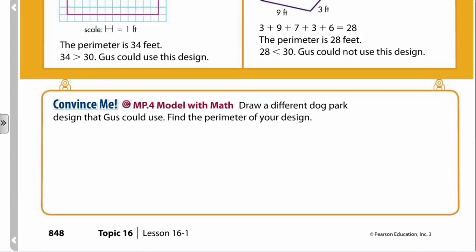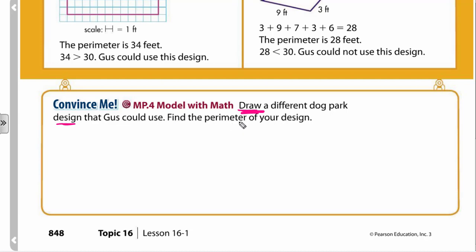And we have here a question that asks us to draw a different dog park design. So we need to make another design that Gus could use, another design that is acceptable. Okay, the design we accept if it's more than 30.